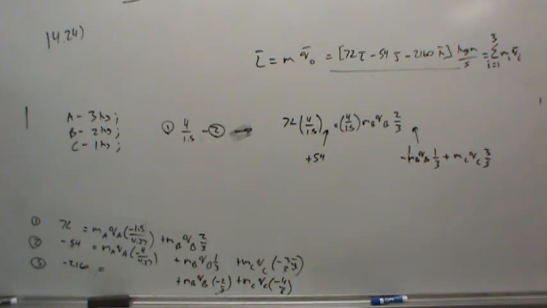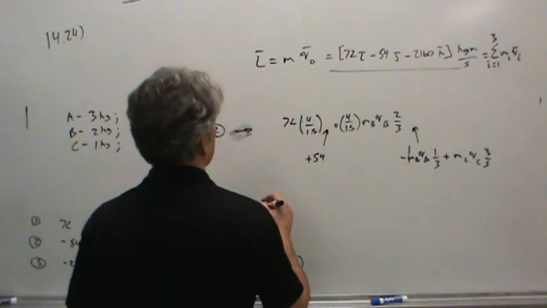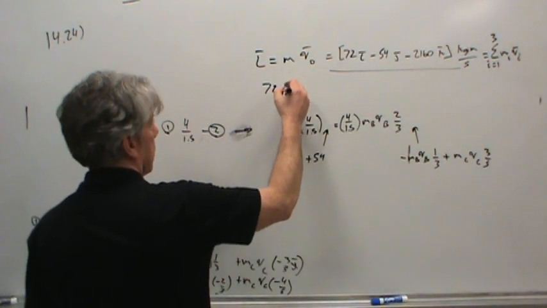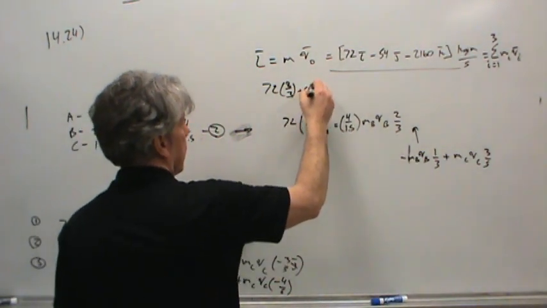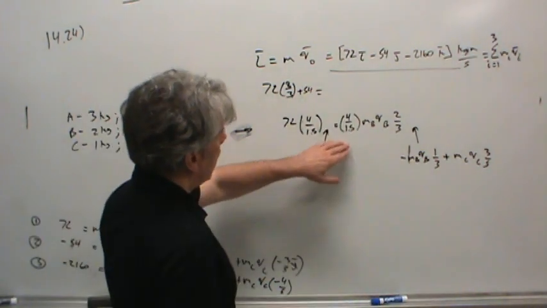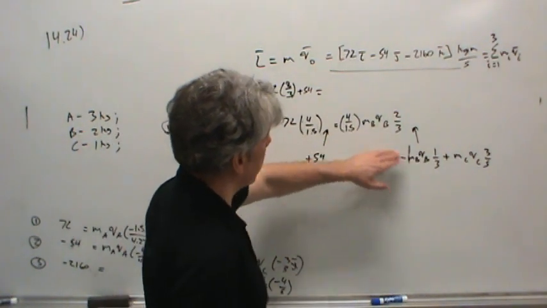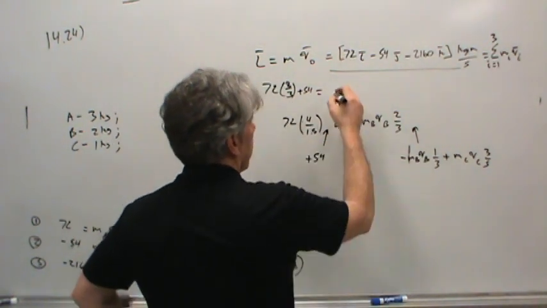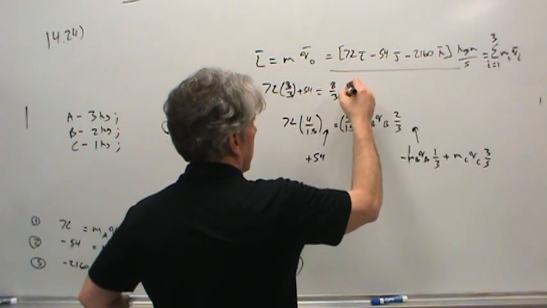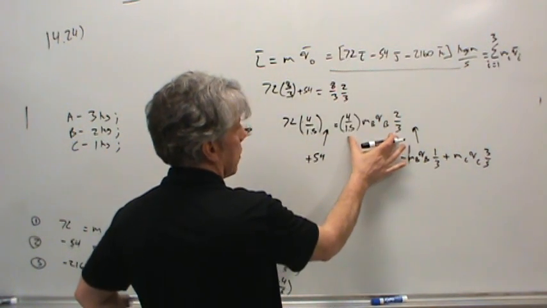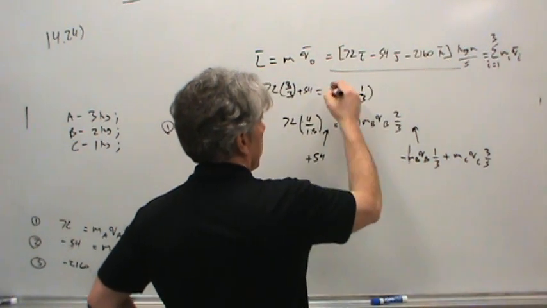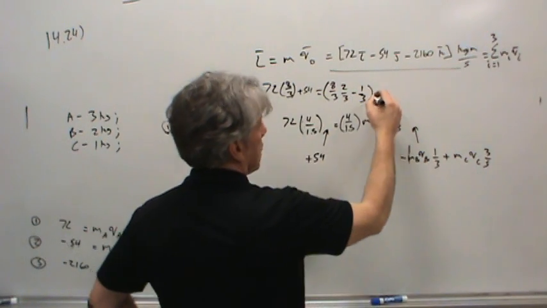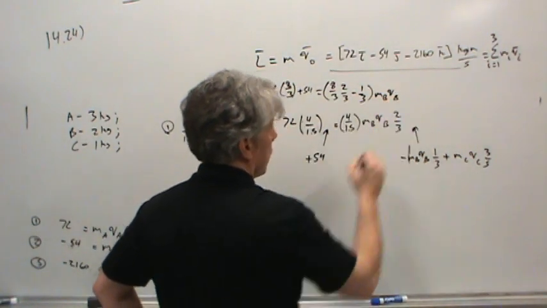Now let's try and make our lives a little bit easier. Let's rewrite this. Let me put it up here. So 72 times 8/3, just so I can keep myself straight, plus 54 equals, and let's see, if we put these two together, well, we'd have 8/3 times 2/3, that's these two, minus 1/3 from this term, times MB VB.